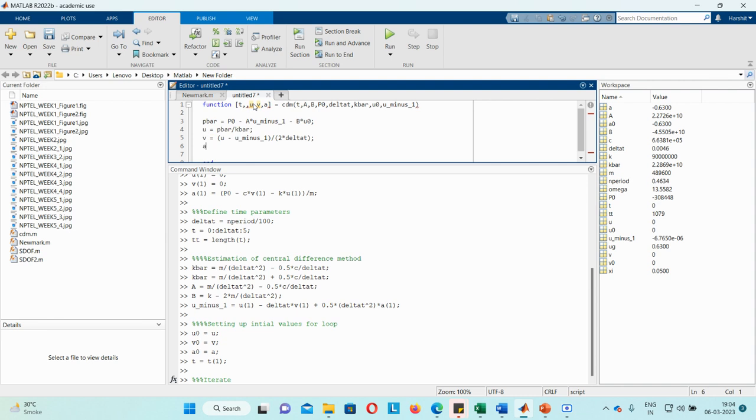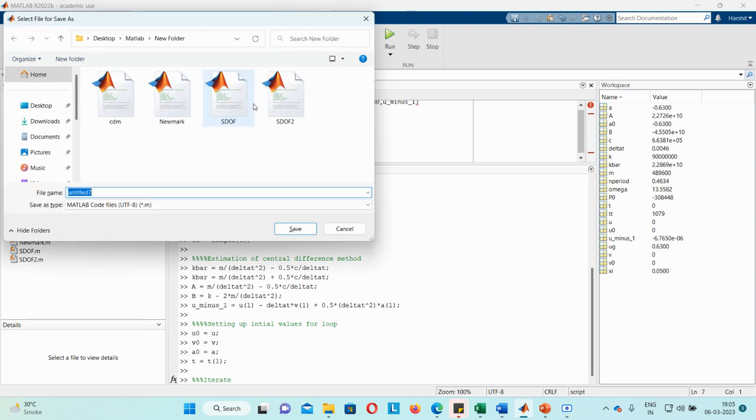So this is the central difference method, and A is given by u minus 2 u naught plus u minus 1 upon delta t square. Okay, so this is the code. Now we'll save this code.